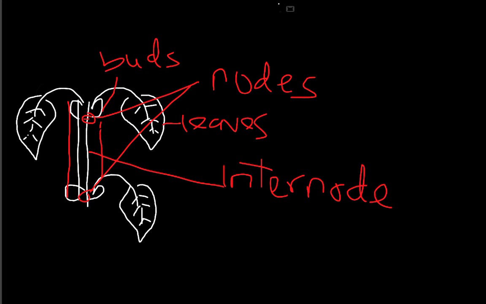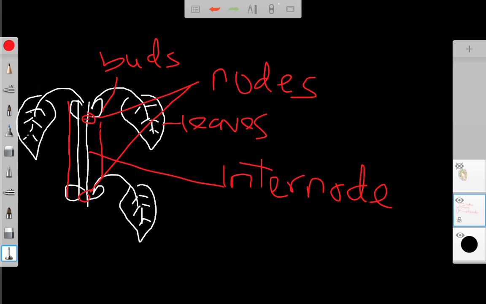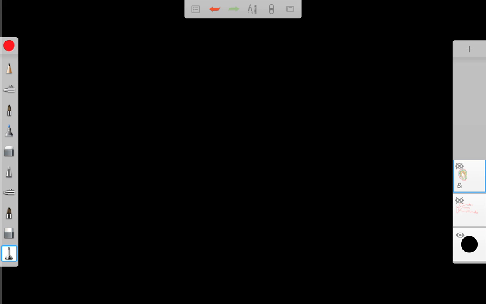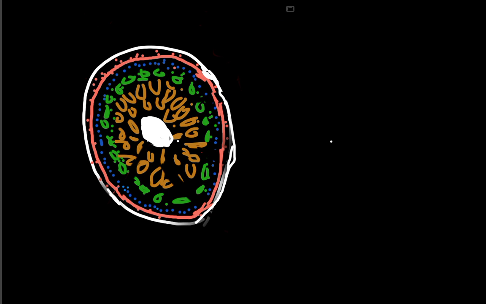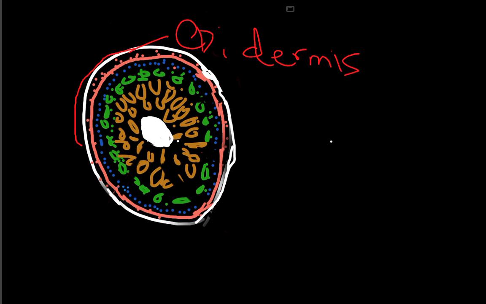Now we're going to look at the internal structure of a stem, and here we're going to consider the internal structure of a dicot, or dicotyledon. This is a crude drawing I made too. At this point, the outermost part is known as the epidermis.